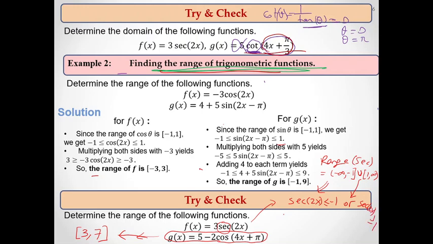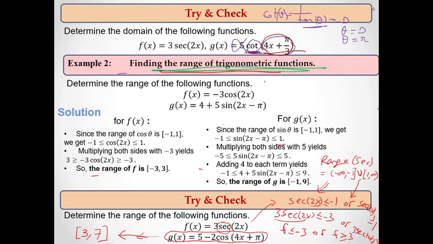Now when you multiply this by 3, the inside 2x is not important for us, I told you. So you get this function f less than or equal to -3, or, multiplying by 3, f is bigger than or equal to 3.